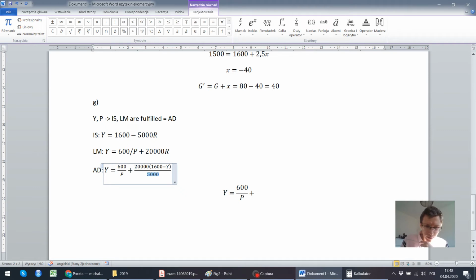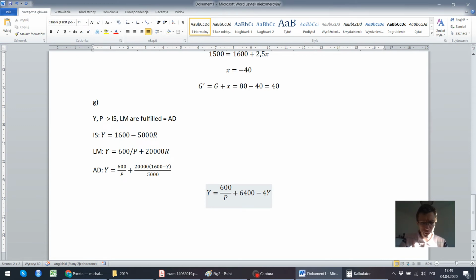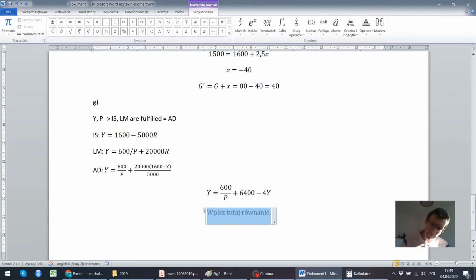So we have 4 times 1,600, which is 6,400, minus 4y. Once again, we do a bit of cleaning. We put y on the left-hand side and divide by 5, so that we have y equal to 120 over p plus 6,400 over 5, which is 2080. So we have the AD curve.